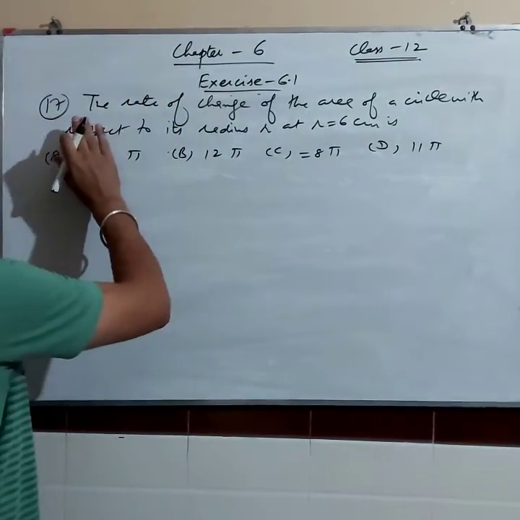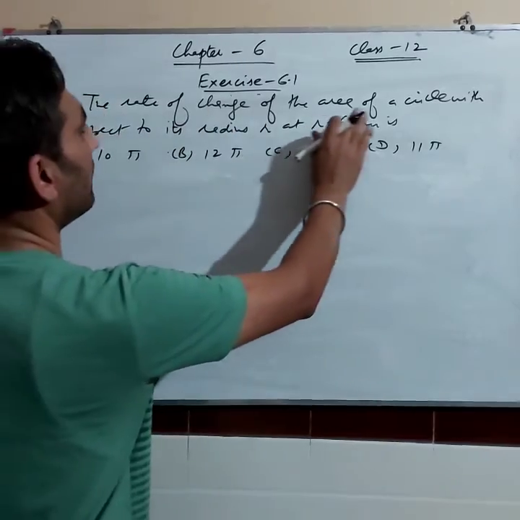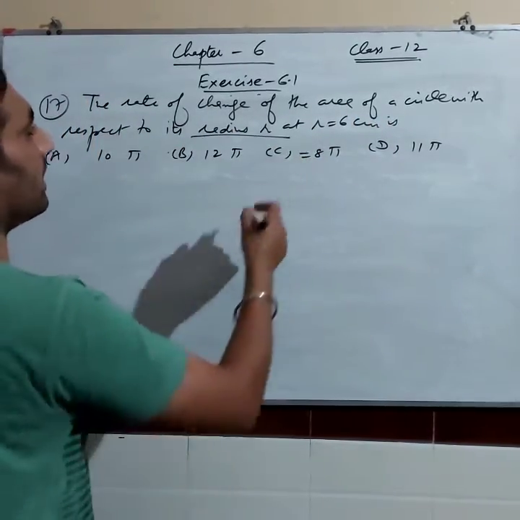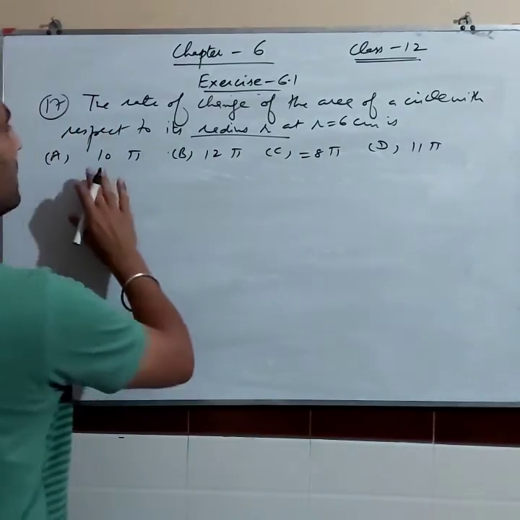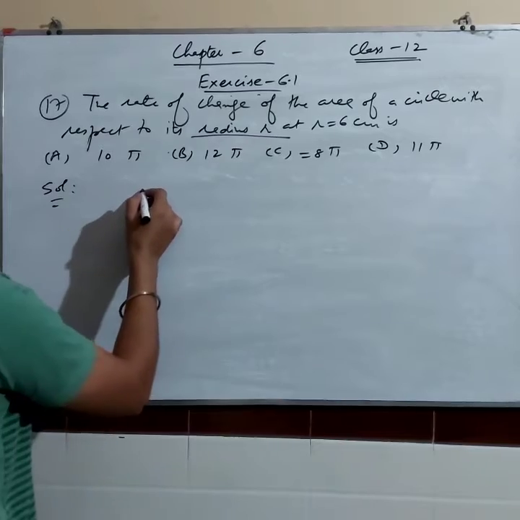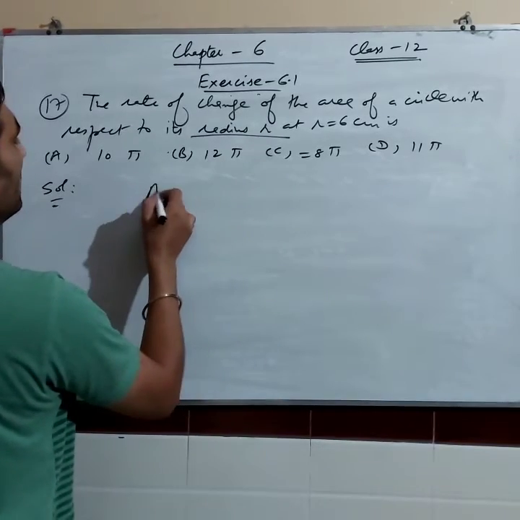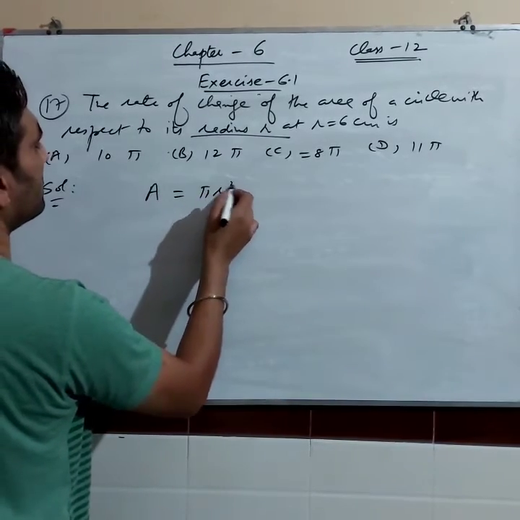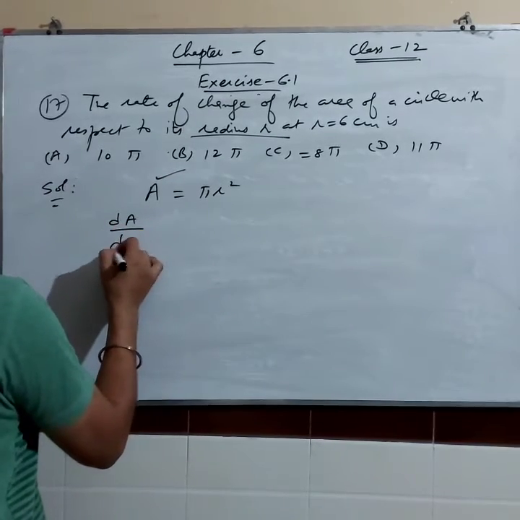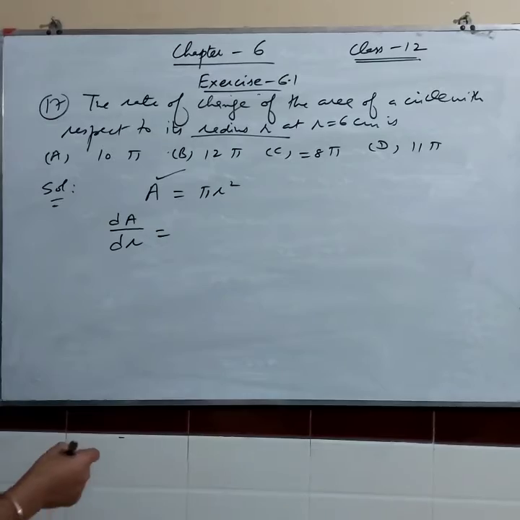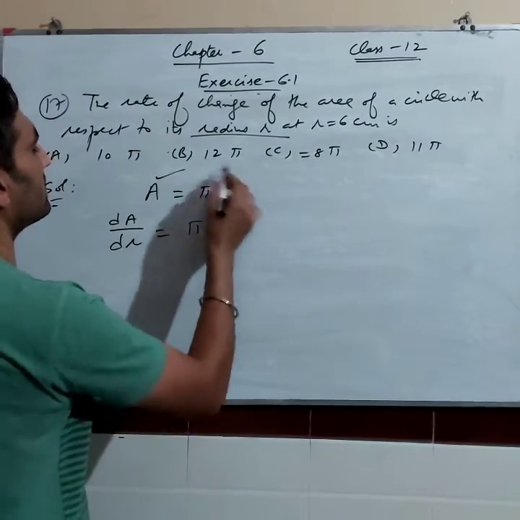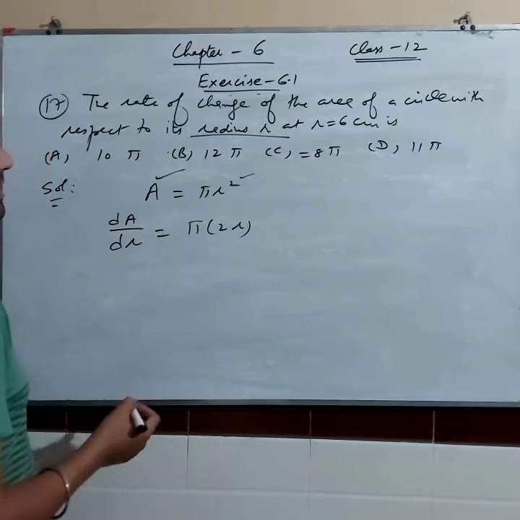Question number 17: the rate of change of area of a circle with respect to its radius r at r equal to 6 cm is. There are 4 options. Let's start the calculation first. What is the area of a circle? It is pi r square. And what about the rate of change of area with respect to radius? It is dA over dr, pi into 2r, since r square gives derivative 2r.